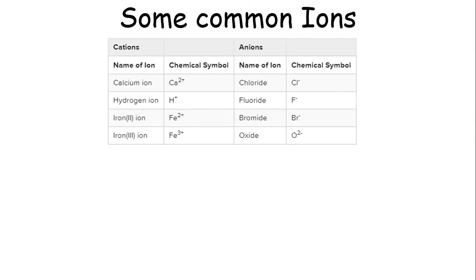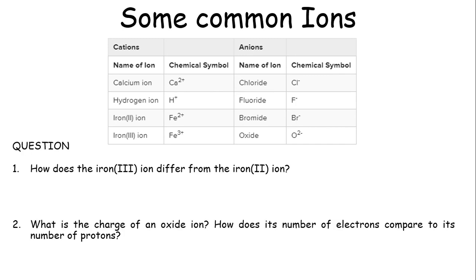This slide shows some of the common ions that we'll be using. So for the cations, you have the calcium ion, hydrogen ion, iron 2 ion, iron 3 ion. For the anions, we have the chloride, fluoride, bromide, and oxide. The question: how does the iron 3 ion differ from the iron 2 ion?